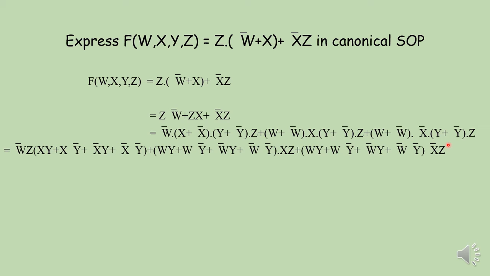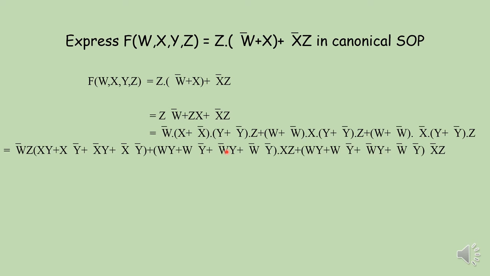So here we simply multiply w bar z with, first, x plus x bar with y plus y bar. So here we get xy plus xy bar plus x bar y plus x bar y bar. In the next term, y plus y bar is multiplied with w plus w bar.